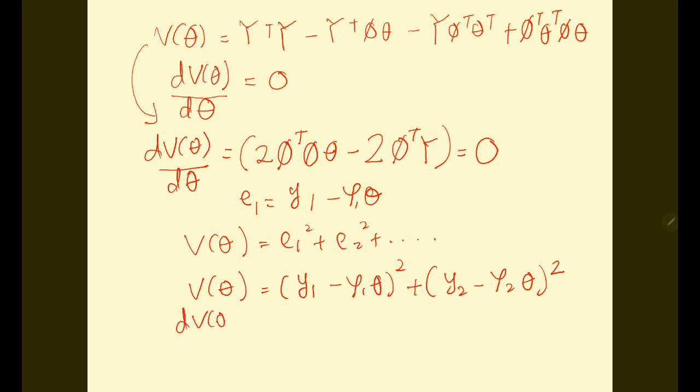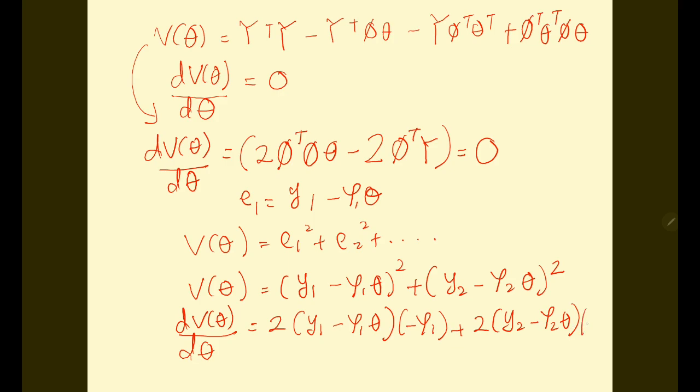and differentiate with respect to theta. So dV theta over d theta equal to 2 y1 minus phi 1 theta minus phi 1, plus 2 y2 minus phi 2 theta minus phi 2 plus so on.